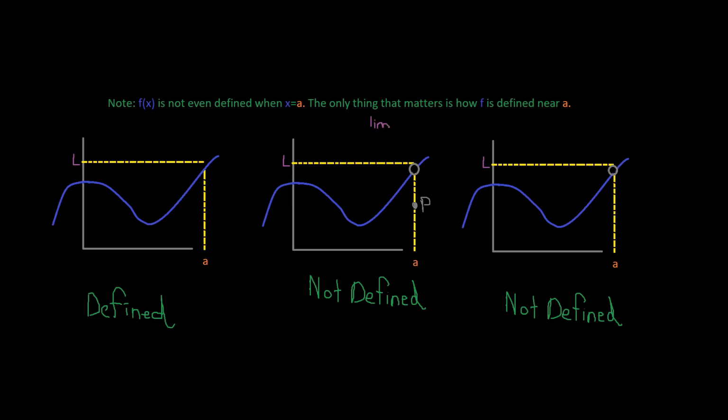What does the limit say? x approaching a. Right, so that's our limit right here. This function here, it's going right here, but it's not defined because it's open. Alright, so let's look at the next one.